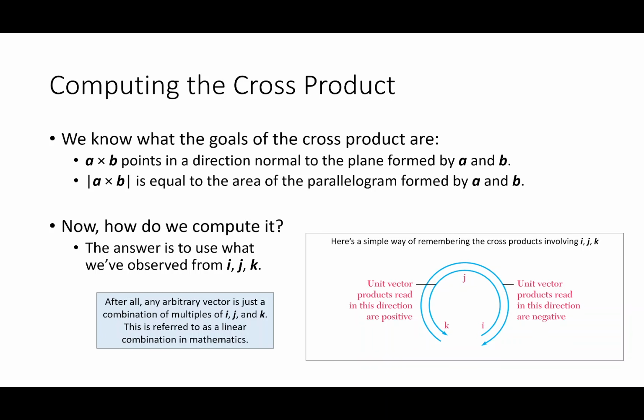I'm running out of room on this board, so I'm just putting it on this line. Right?